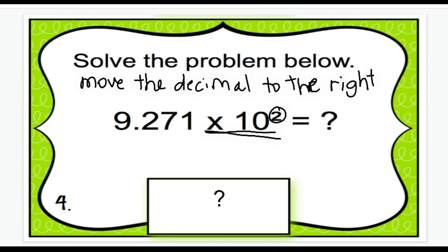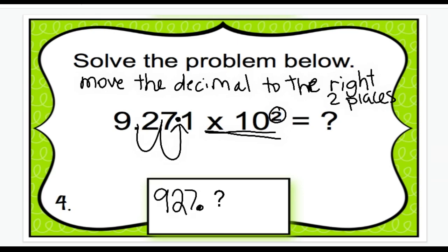So we're moving it to the right 2 places. So let's do it. 1, 2. So now what does our number look like? It looks like 927.1. That is our answer. It's as simple as it is. These are my favorite kinds, because all you're doing is moving that decimal and getting your answer. All right, let's move on to the next question.